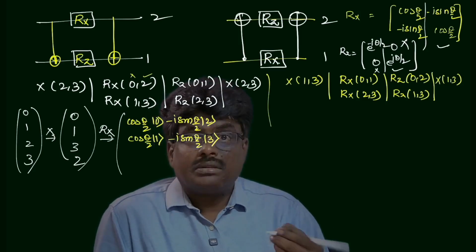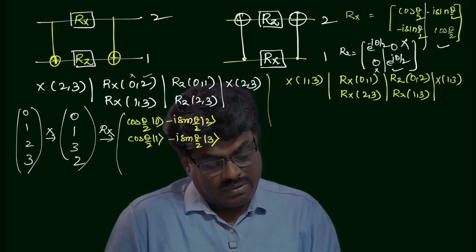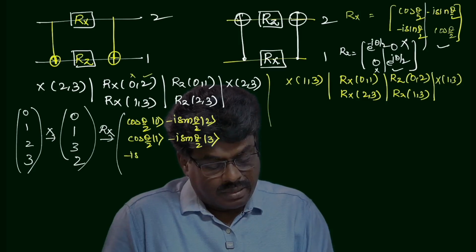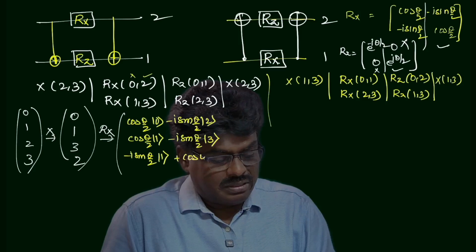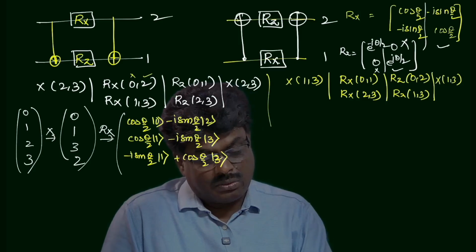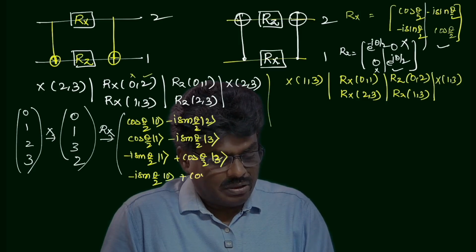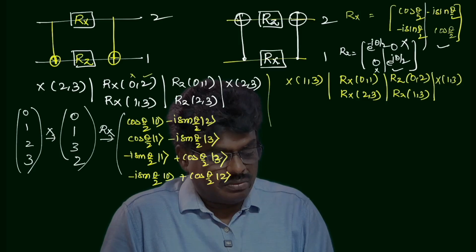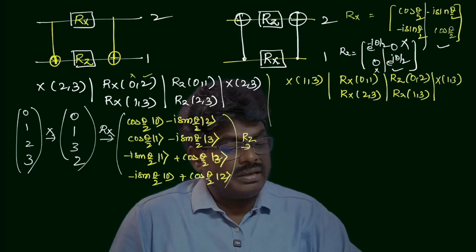Next 3 is on, so we take the second column: minus I sin theta by 2 1 plus cos theta by 2 3. Next 2 is on, that means the second column: minus I sin theta by 2 0 plus cos theta by 2 2. And after that Rz, first one I am doing, second one I request you please do.